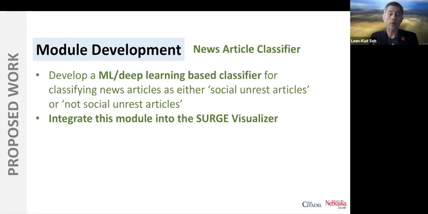And finally, we have this idea of analyzing news articles to find whether social unrest events occurred or not. We are envisioning a machine learning based approach, likely using deep learning, to do this.